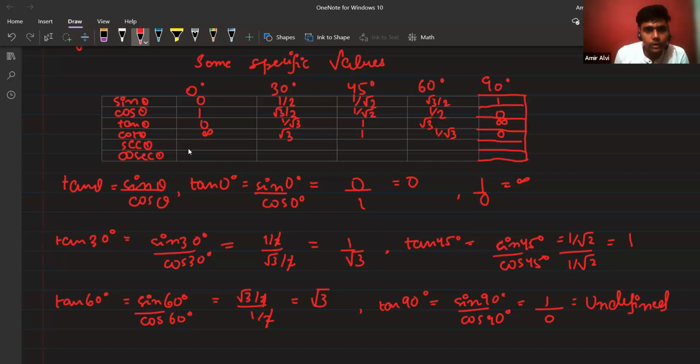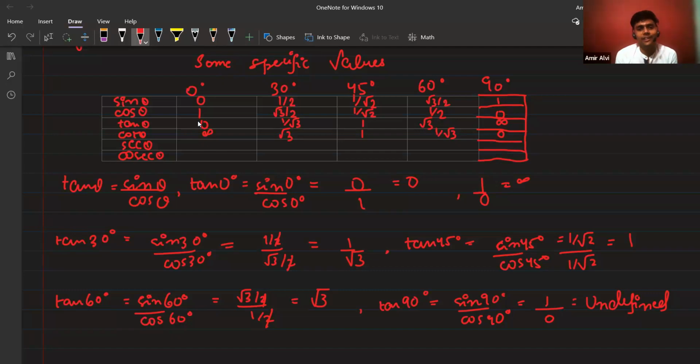Yes, sir. Okay. So now tell me, what is the value of cos 0 degree? Cos 0 is 1. So what would be sec 0?